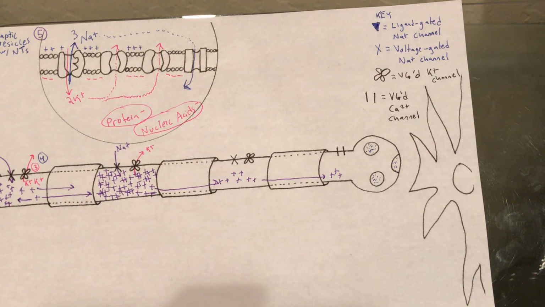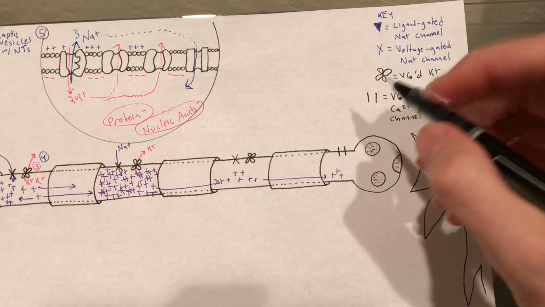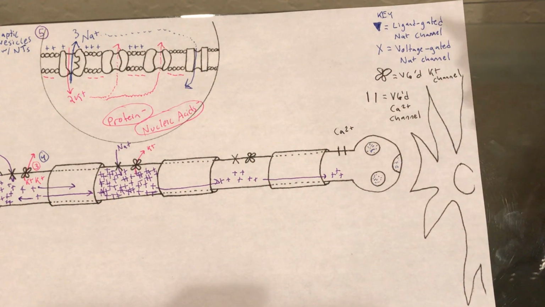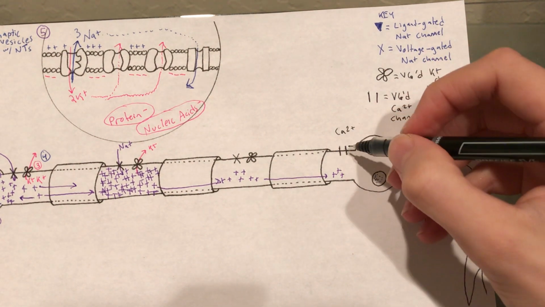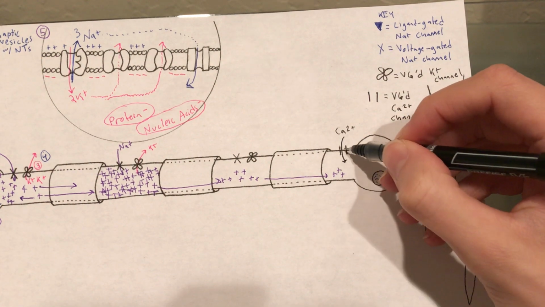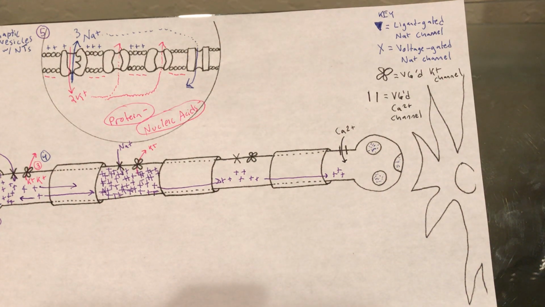And so calcium is not an ion that we've been focusing on, but calcium is also an ion that we find in higher concentrations outside of the cell than inside of the cell. And so this calcium is going to flow down its gradient once, of course, the proper voltage activates and opens that calcium channel.